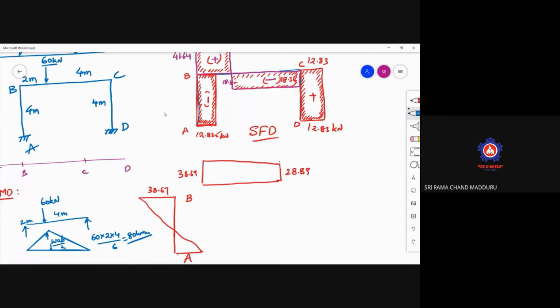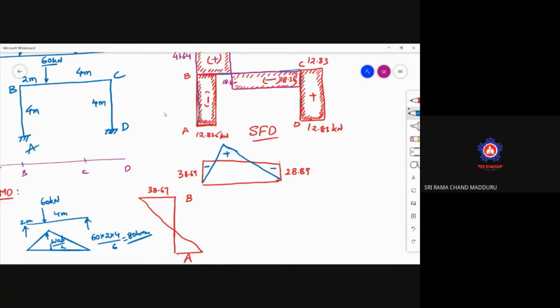Just check it. Yes, so this load is giving you a positive bending moment. So this portion is negative, this portion is positive, this portion is negative.